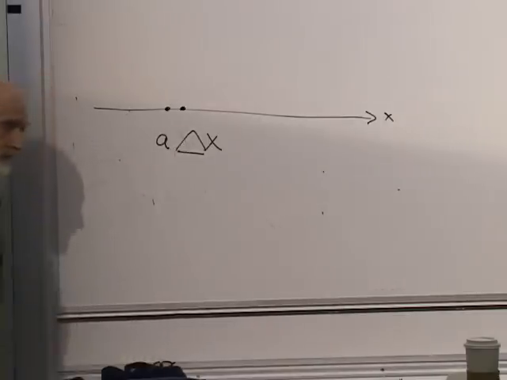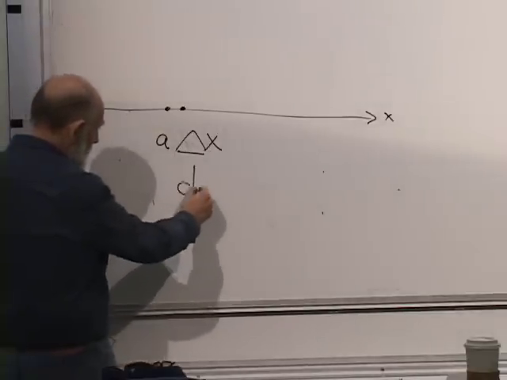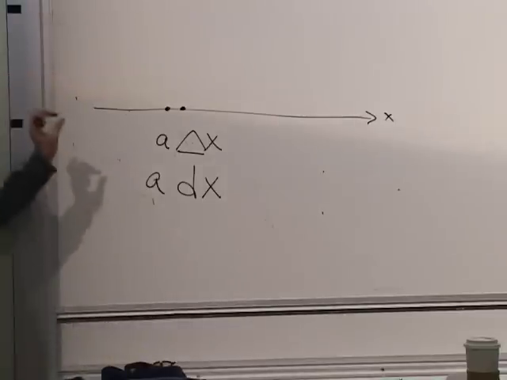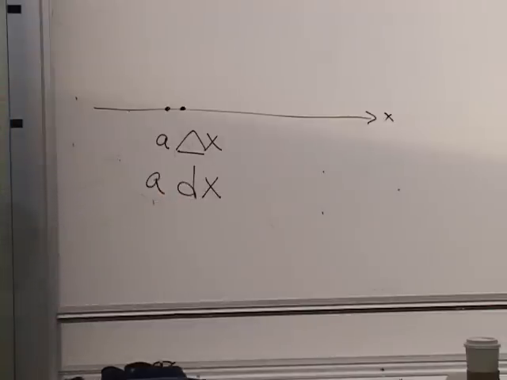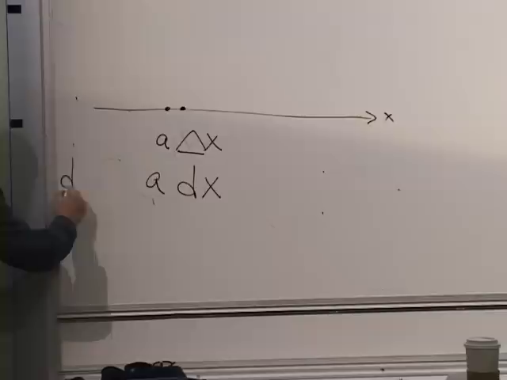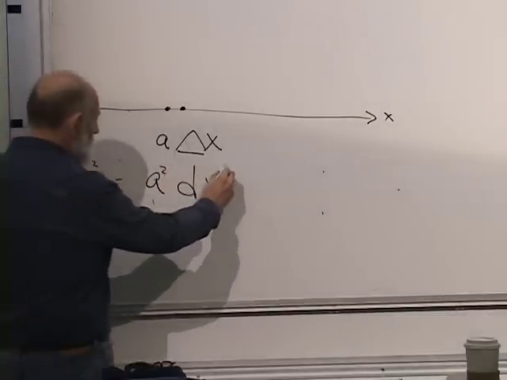When the points are close, we can replace this delta x by the symbol dx. Same thing, except when magnitudes are small, we replace them by calculus notation. A times dx. That's the distance between two neighboring points. All right? And what's the square of the distance between two neighboring points? Let's call it ds squared. That's equal to a squared times dx squared.